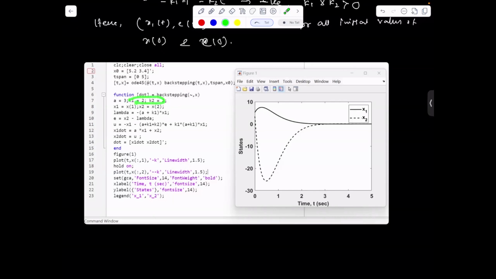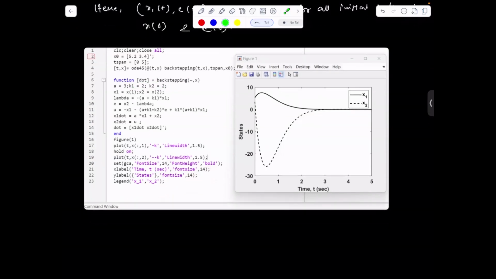How these values are chosen, you can refer to the previous lecture, where we came up with some conditions. This is how we are defining the variables. Instead of alpha 1, we are writing lambda, and this lambda is nothing but alpha 1. And this is the overall control you have obtained through the stability analysis.